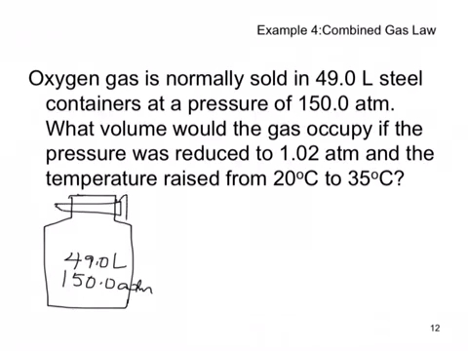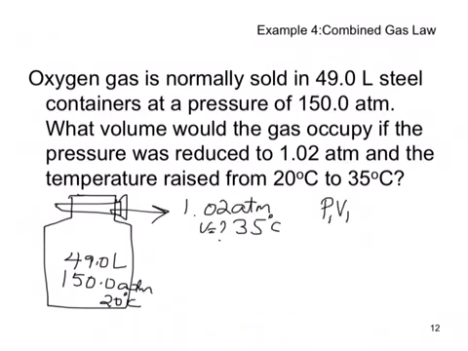So we have a little nozzle and we are just going to release that, and it's going to come from 150 to 1.02 atmosphere. That means the atmospheric pressure. So all we have done is just open the valve. And the temperature has been raised from 20 degrees to 35. Volume is what we are seeking.